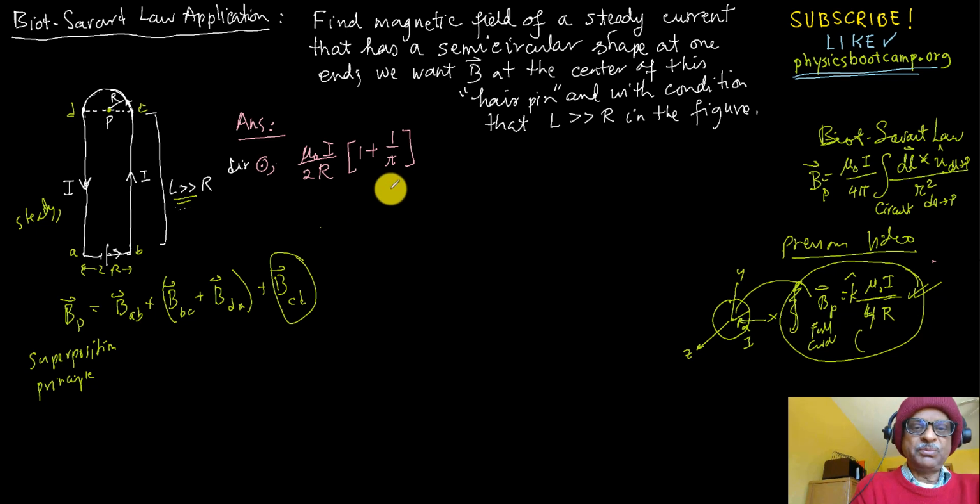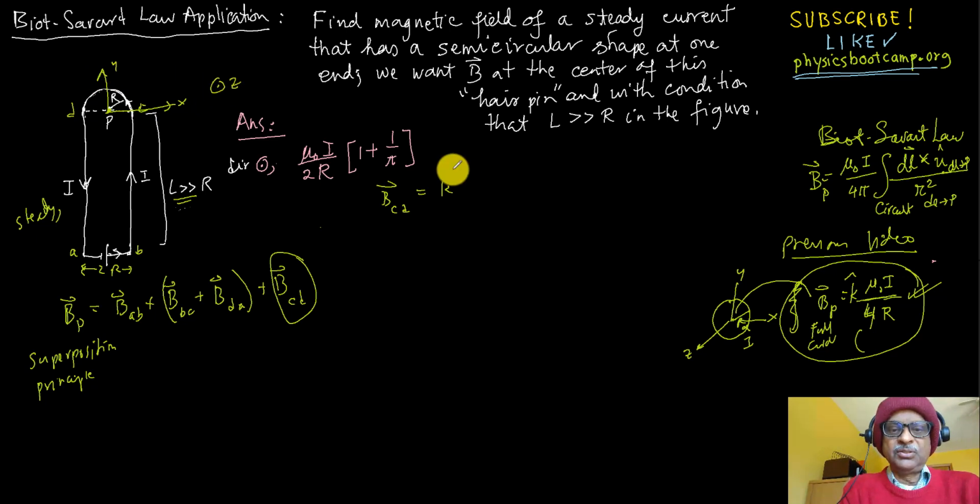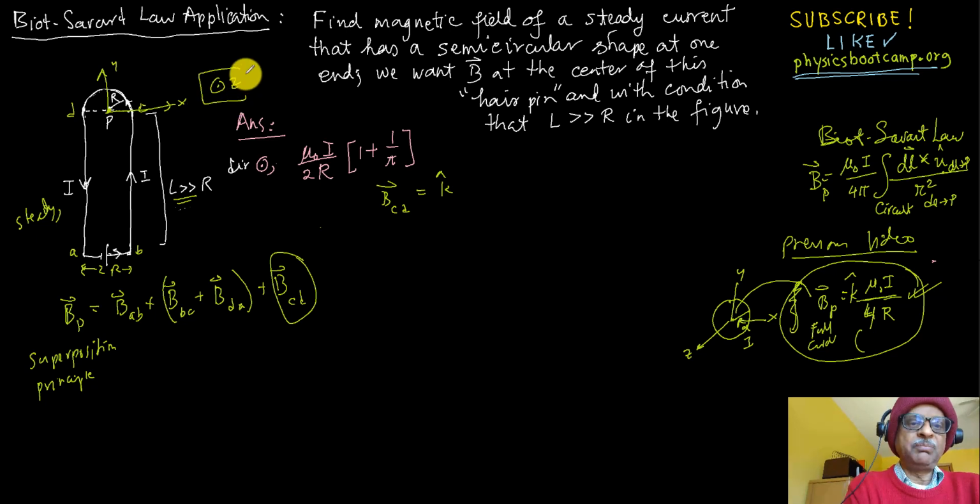So B of the CD semicircle: again, say this is X and Y, maybe Z is coming out, so I'm going to keep that direction fixed. If you use the right hand rule, all of this will give you the coming out direction for the magnetic field over there.